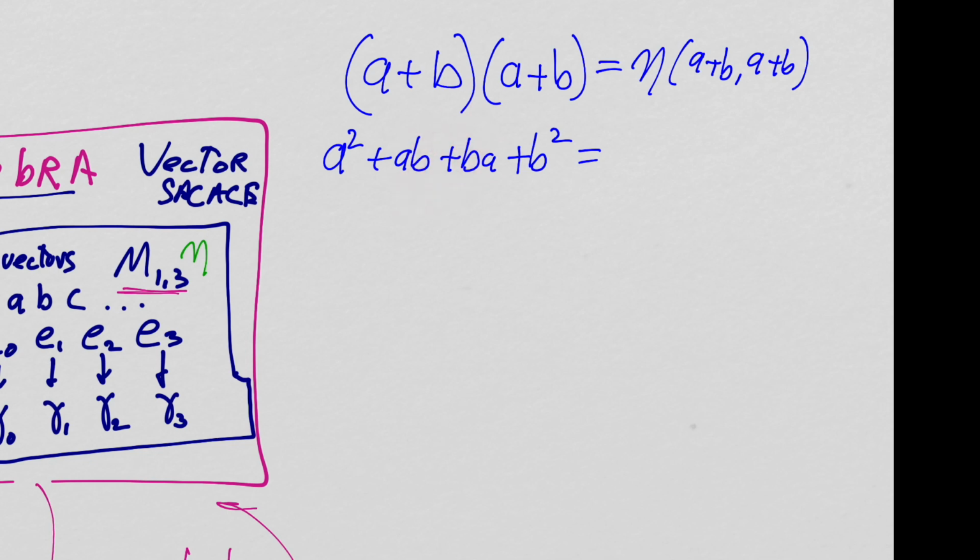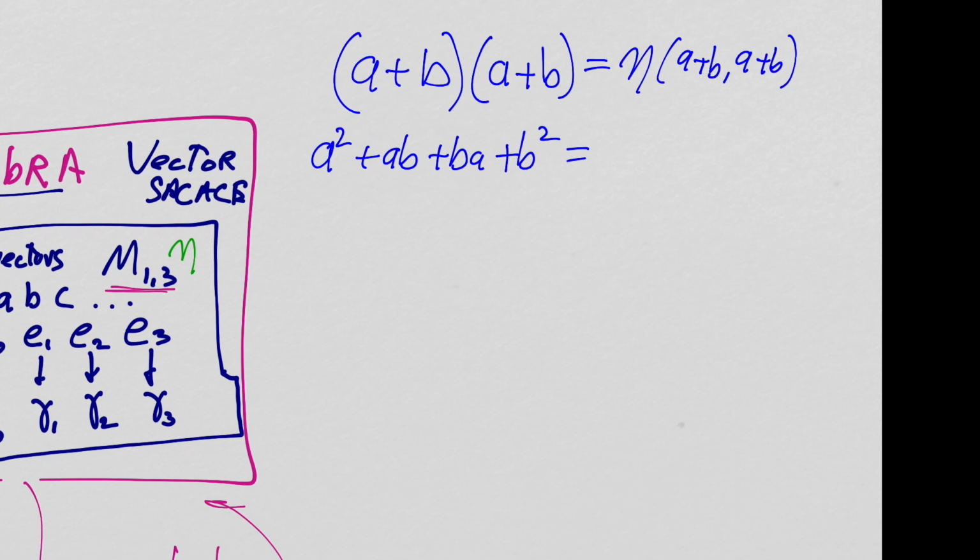Because remember what we had over here, I erased it, but the symmetric part was AB plus BA over 2. So you clearly see that that's showing up already in our very linear expansion of this space-time product. Now, both sides of this are linear because that operator over there is linear.